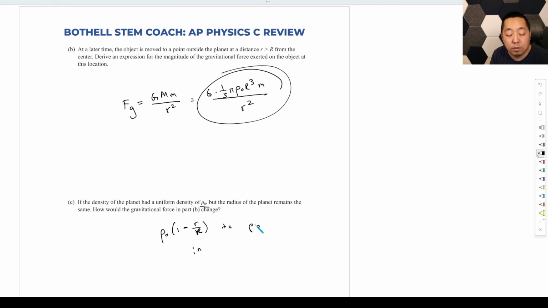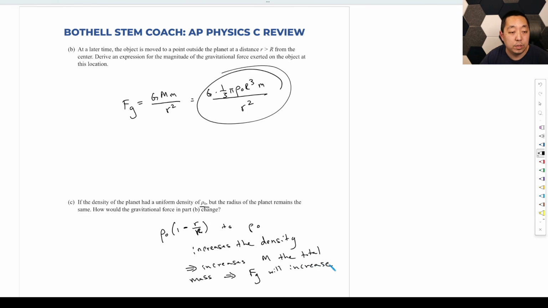And if you just make it rho 0 the whole time, it's just going to be a bigger density. Increasing the density increases m, the total mass. And so that implies that an increase in total mass means the FG will increase. Okay, so that one's pretty straightforward.